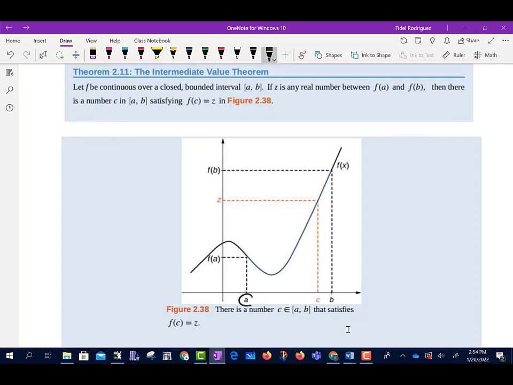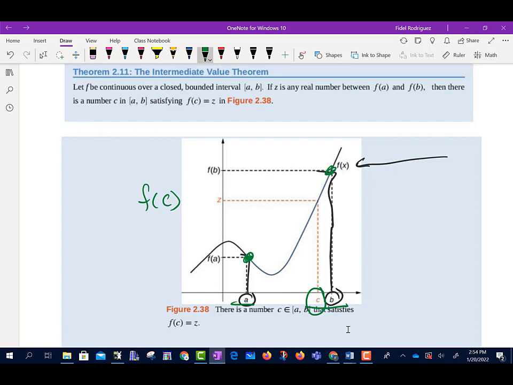If you have two x values, one of them is a, one of them is b, and you find the value of f of a and the value of f of b, then as long as our function f is continuous, if you find a number on the x-axis, c, somewhere between a and b, the value of f of c is going to be somewhere between f of a and f of b.